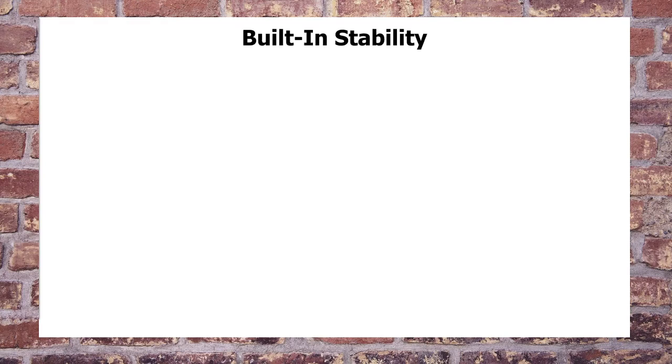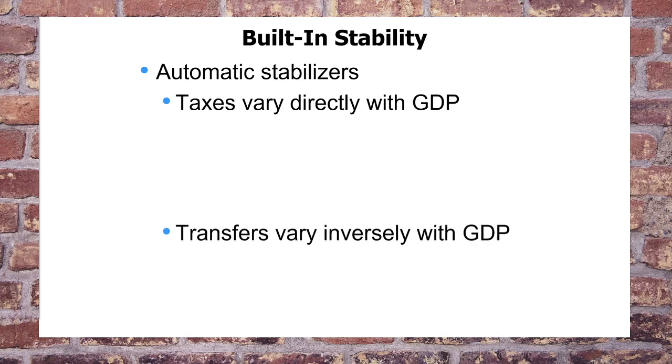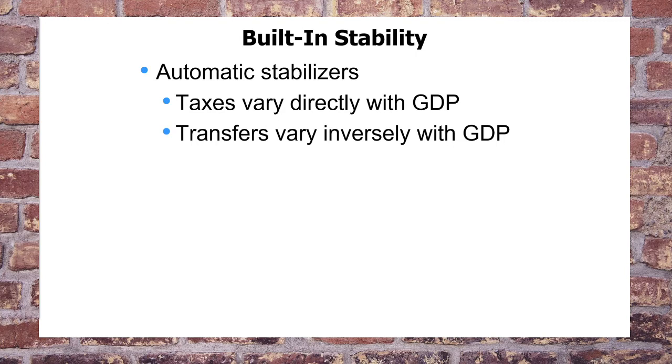Let's look at what's called a built-in stabilizer. This is something that happens automatically because the economy starts to slump or grow too quickly. We call them automatic stabilizers. Taxes will vary directly with GDP. As GDP is rising, taxes usually rise, so that will slow down spending as we get into an inflationary period. Transfers vary inversely with GDP.